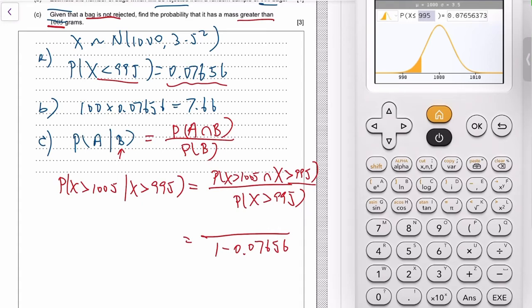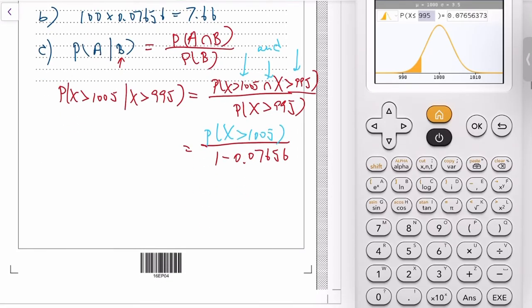And over the top, you need to figure out the intersection of these two events. Intersection really means and. So we have x being bigger than 105 and x being bigger than 995. That really means x is just bigger than 105, because if you're bigger than 1005, you're automatically bigger than 995.